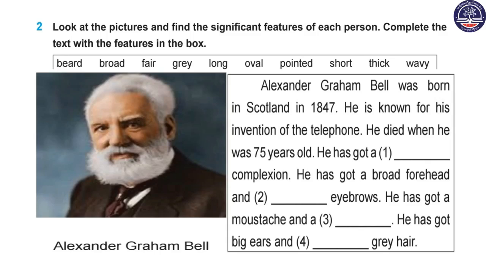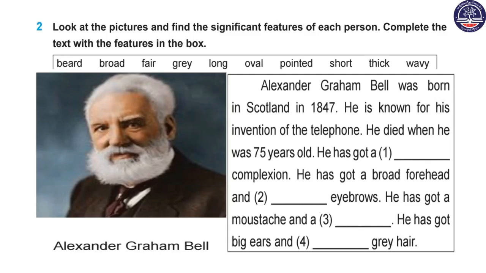Pointed, it means a thing with a sharp end. Short. Thick. Wavy. Okay, now let's read the text together.